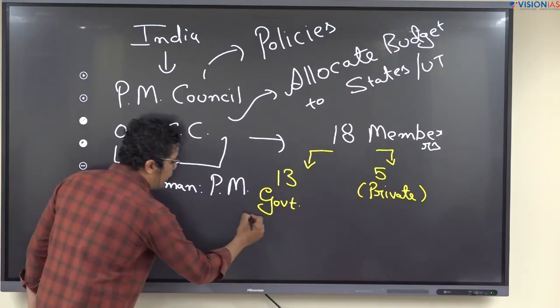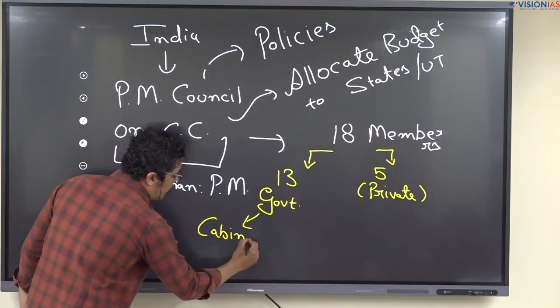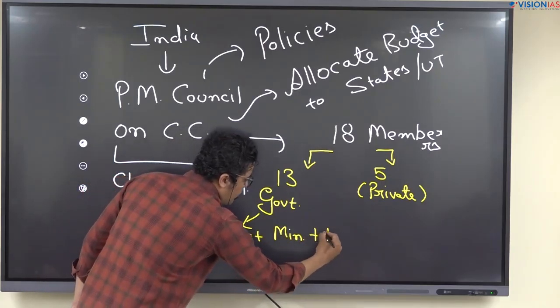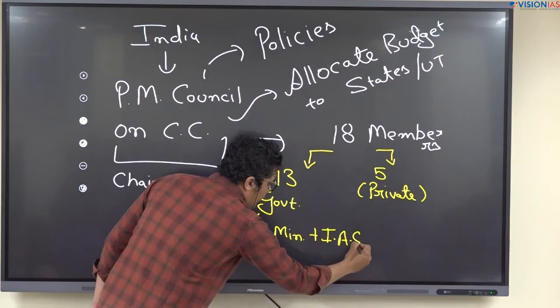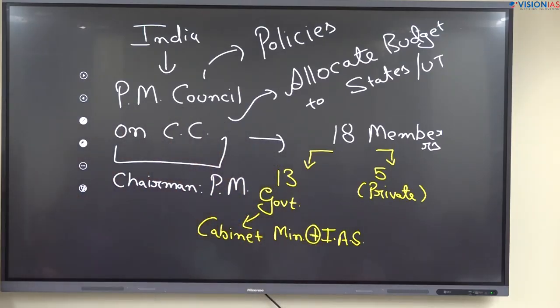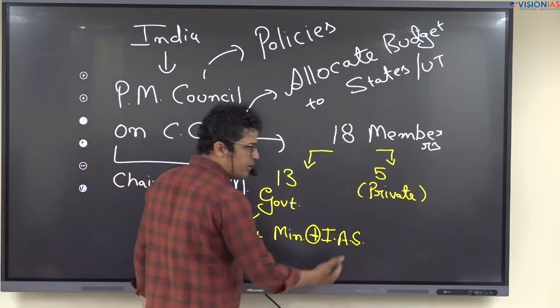Those from government are cabinet ministers plus some senior bureaucrats, secretary level, chief secretary level bureaucrats.